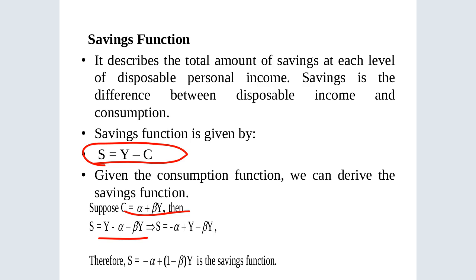This will be given by negative alpha plus y minus beta y. Then you can factor out y. So what you get is simply the savings function. So you can see the savings function is also a function of income.